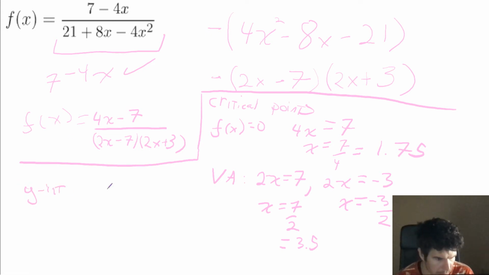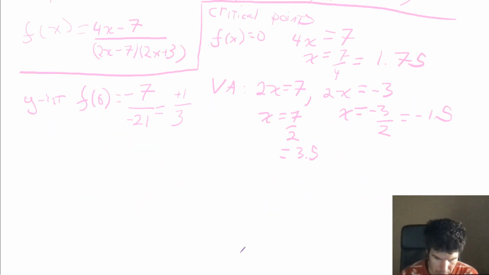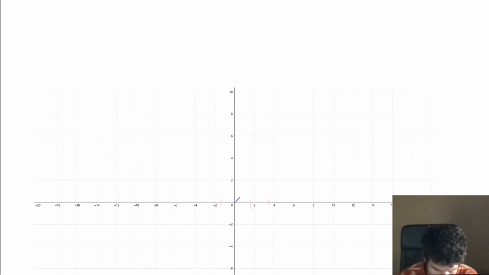So when x equals 0, we have negative 7 over negative 21, or 7 over 21, which will be positive 1 over 3. So when x is 0, y is about a third, let's say there.